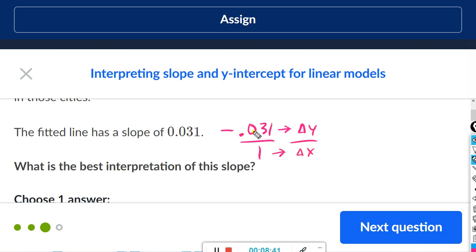That means that y would decrease by 0.031 when x increases by 1. I got a positive slope for both of my problems, but if you get one with a negative slope, that means one variable decreases while the other variable increases. Just make a note of that.